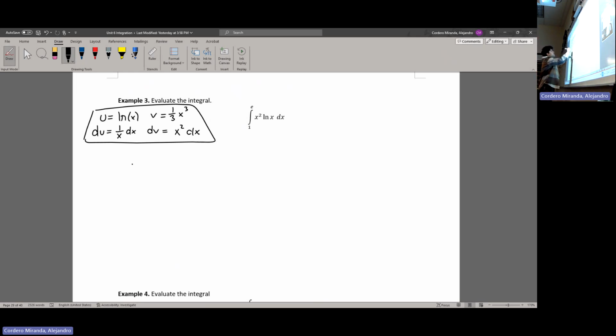All right, so according to our formula, this would be uv minus integral of v du. Let me put the 1/3 out here.